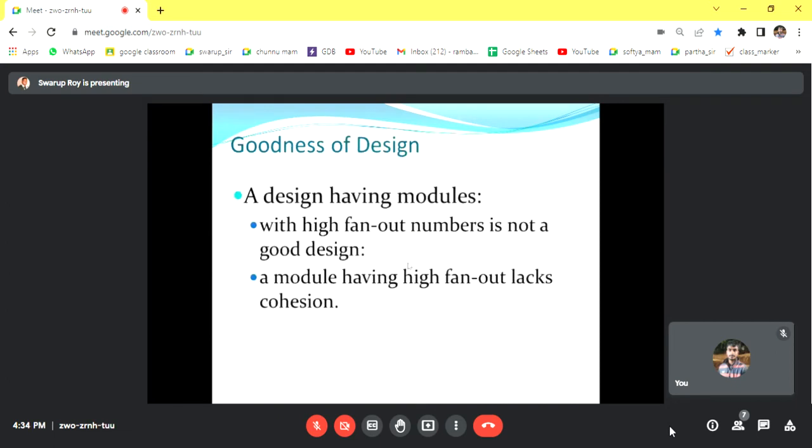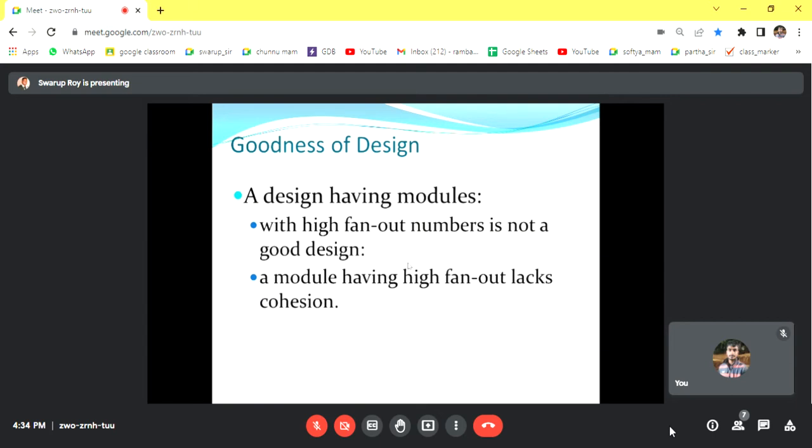And modules having high fan out also lack cohesion, since dependencies are more with the other modules. What will happen if a particular module is not independent?